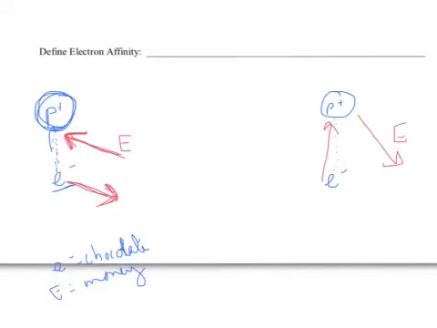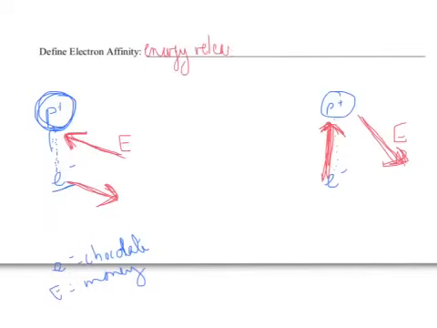However, if you were the atom and you were gaining extra electrons because you like those electrons, then you have to pay energy or release energy. The more you like that electron and want to gain it, the more energy you're willing to release. That energy released is called electron affinity.